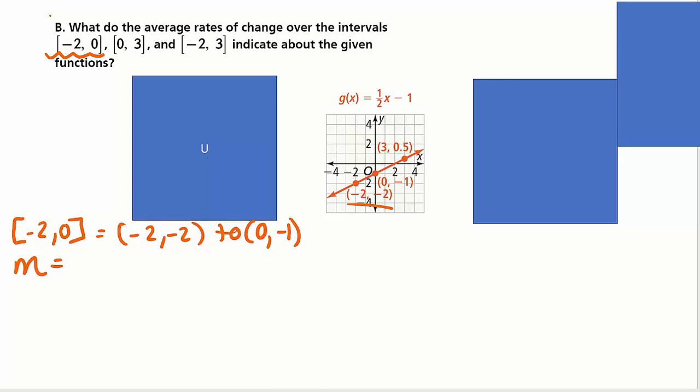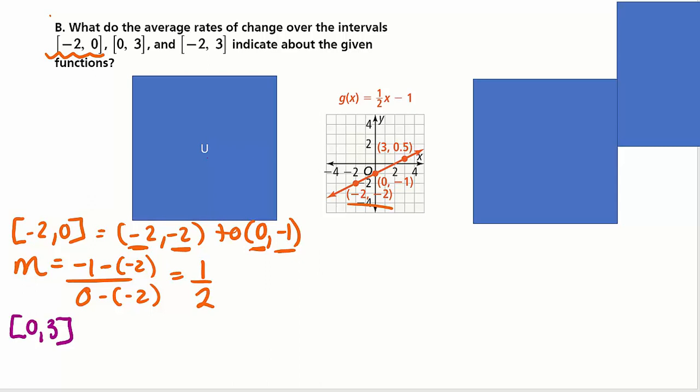Then we find our slope, which is y2 minus y1. -1 minus -2 over 0 minus -2. Then we simplify, and it becomes 1/2.